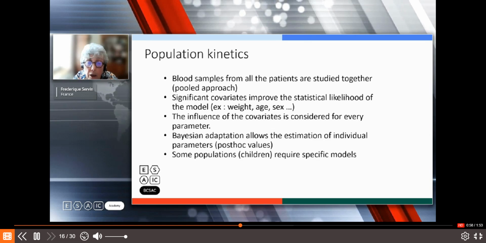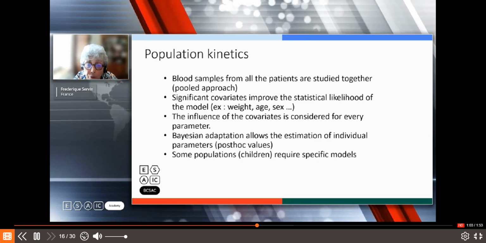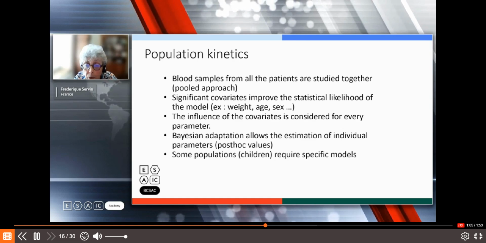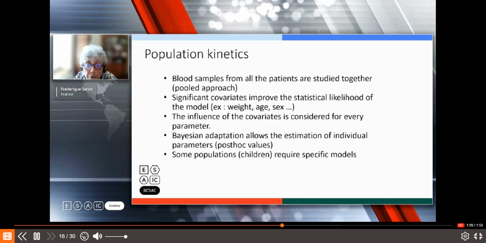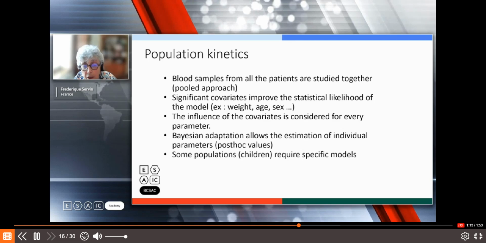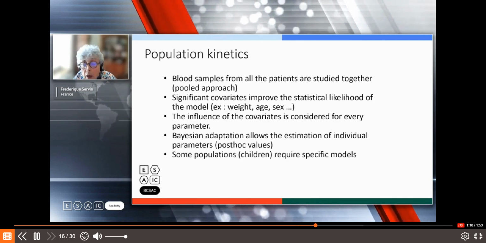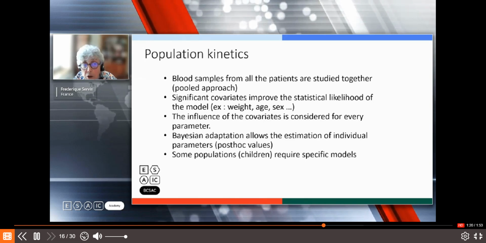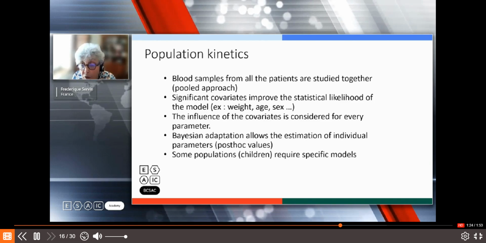You will study the influence of the covariate for every parameter, and when you have finished building up your population model, you can re-estimate the individual parameters by Bayesian adaptation and get the post-hoc values. Some populations, for example children, are difficult to study with the traditional population kinetics model. You have to have a specific model.